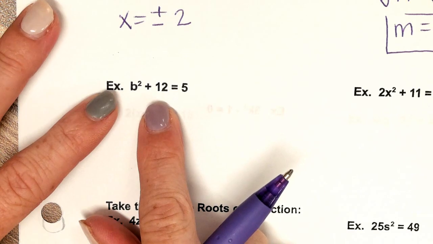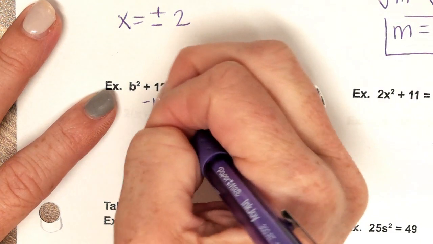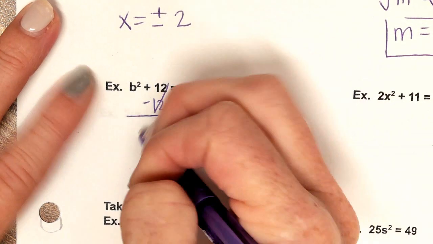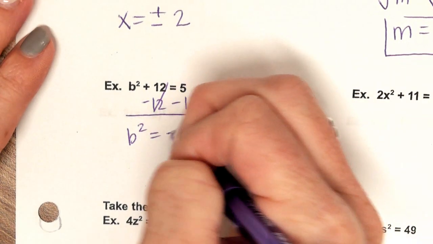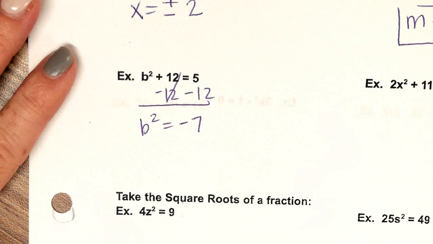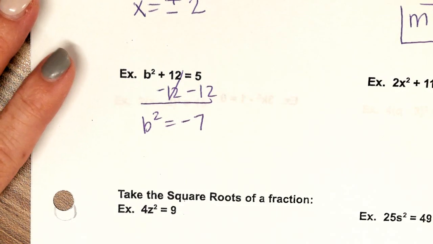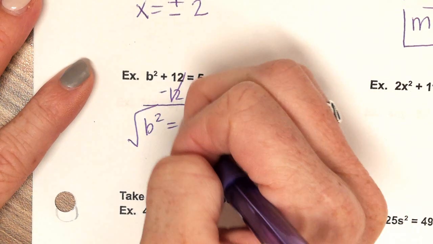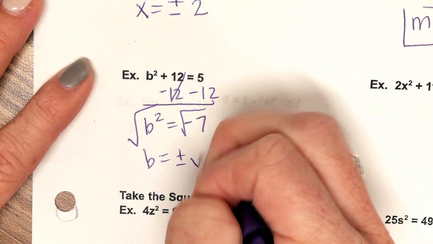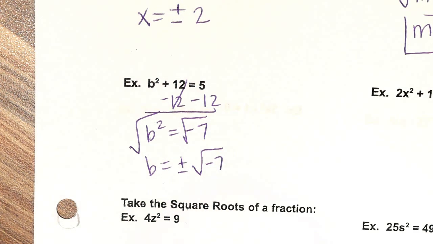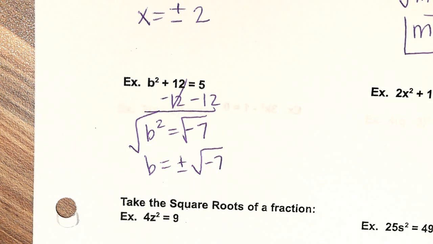All right, let's try this one. How would I get rid of the plus 12? Minus 12. I'm left with b squared equals, and 5 minus 12 is negative 7. To get rid of the square, I must square root both sides, and I'm left with b is equal to the positive and negative value of the square root of negative 7. Now here's the problem. Can you square root a negative? Watch what happens.